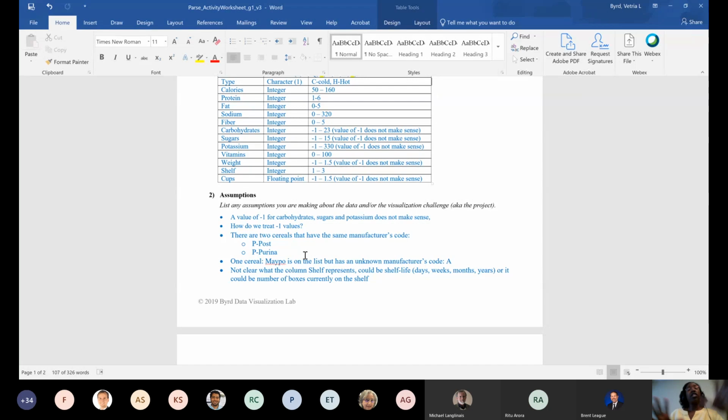So what you need to do is to have a clear understanding of what the range of values should be. Sometimes -1 might mean an obsolete value, or it could be that the data wasn't entered there, and some spreadsheets you can't have empty values.